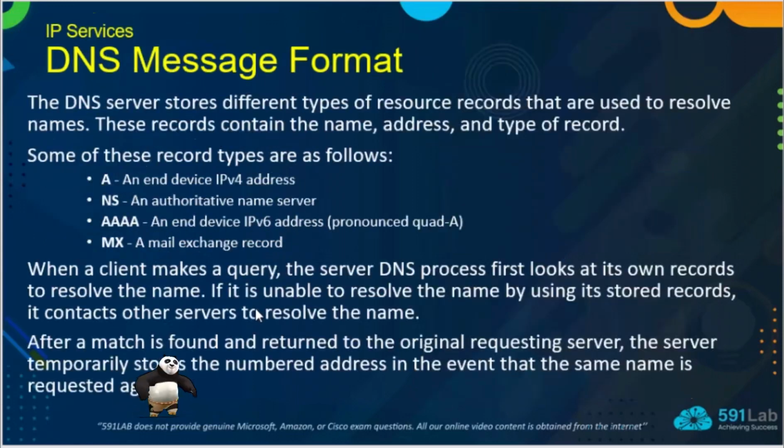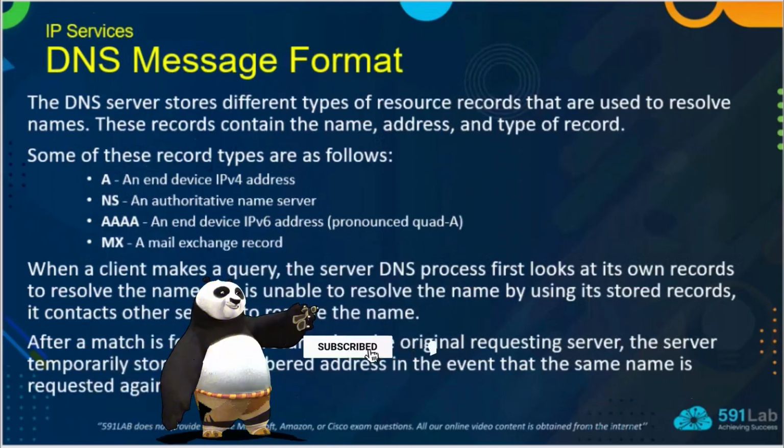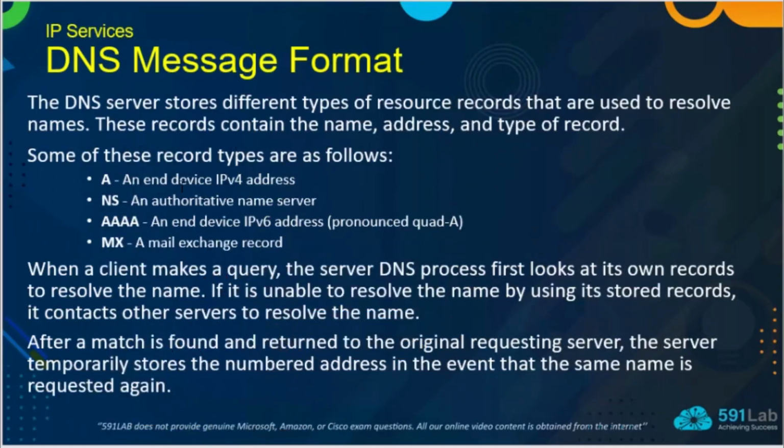All right, so DNS has different records. We have A for an endpoint device IP, NS, AAAA, and MX for the mail exchange records. Your DNS server stores different types of resource records.